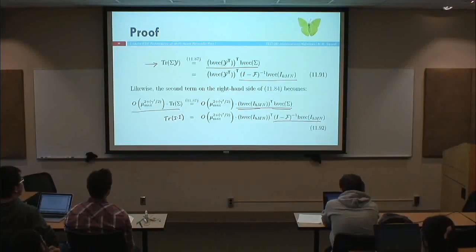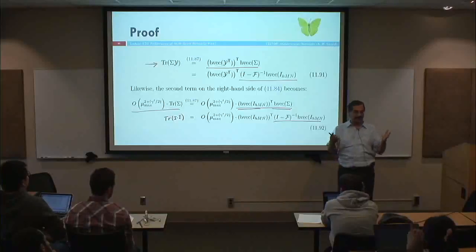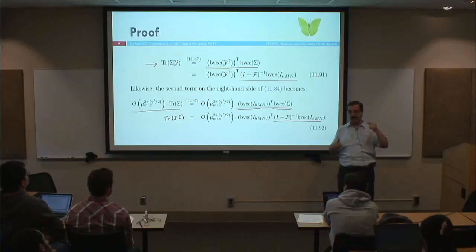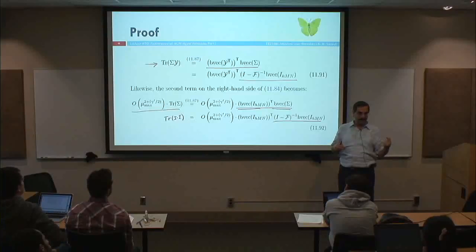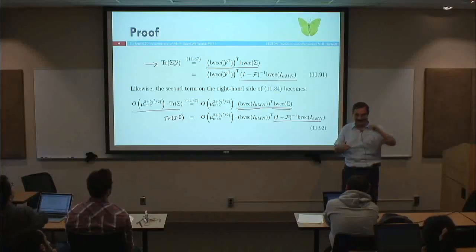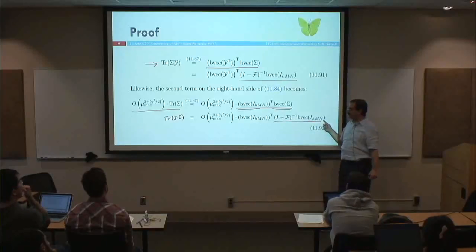But remember the entries of I minus F inverse, I showed it in a previous lecture. The entries of I minus F inverse were of the order of 1 over mu, right? Now everything comes together, right? 1 over mu. So this will contribute something of the order of 1 over mu.